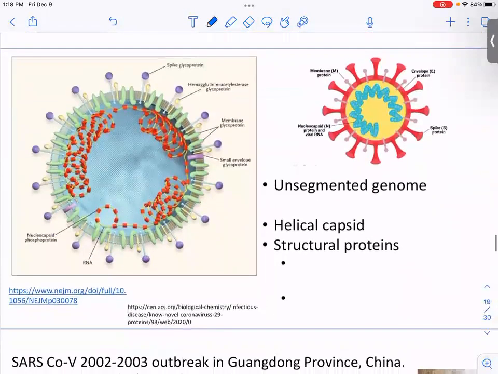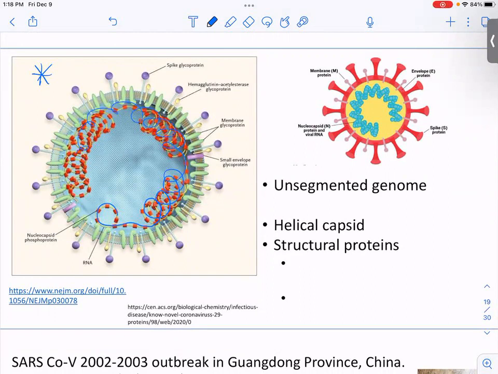Okay. A few more pictures of the virion. I kind of like this one on the left here. It's from the New England Journal of Medicine, and it's the original SARS-CoV virus. It's not SARS-CoV-2, but it shows the genome here. That's what this long line that looks like little beads on it is.